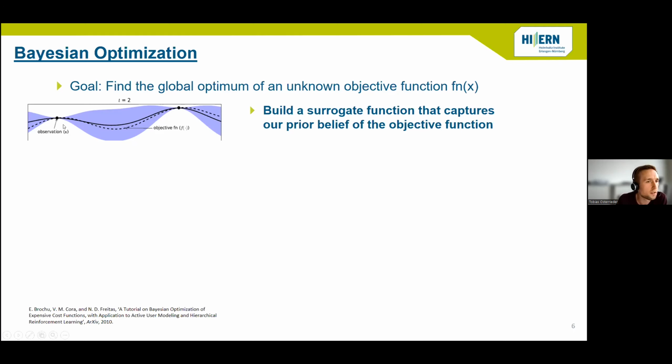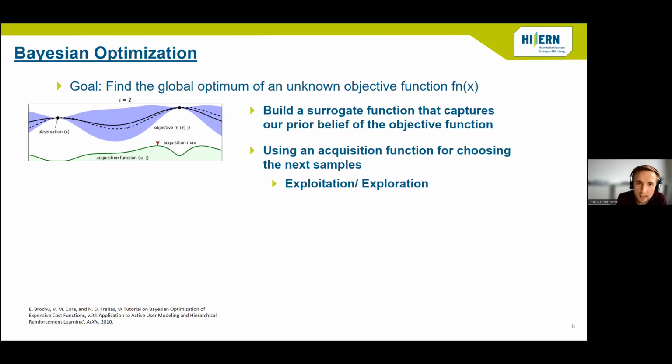Here at some points we have already evaluated the function, so we know where the objective is, and now to choose which sample we want to produce next, we build an acquisition function. This acquisition function is built in a way that it's high where our surrogate function predicts a good value, and also where the uncertainty of our surrogate function is high.